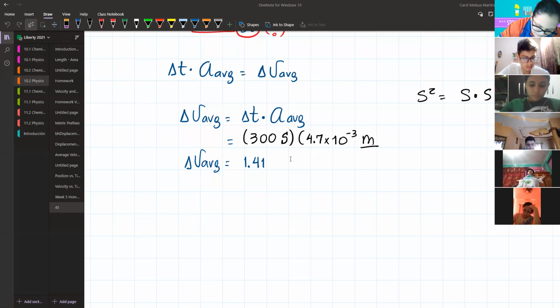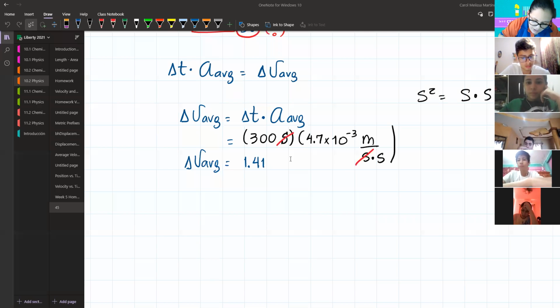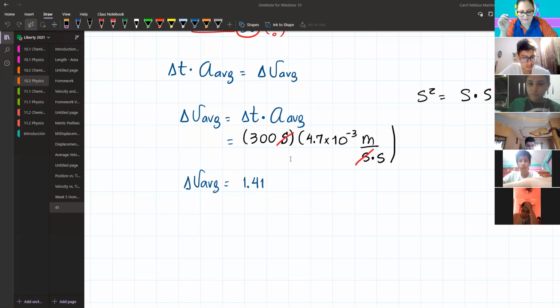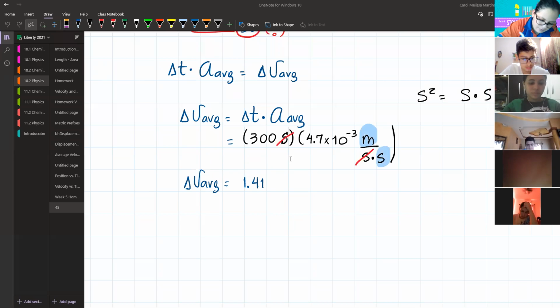Imagine that you have seconds times seconds, and you are multiplying times seconds, which means one of them is going to be eliminated. So what are you going to have in the end? You're going to have 1.41, with meters above and seconds below. So the answer is going to be meters per second.